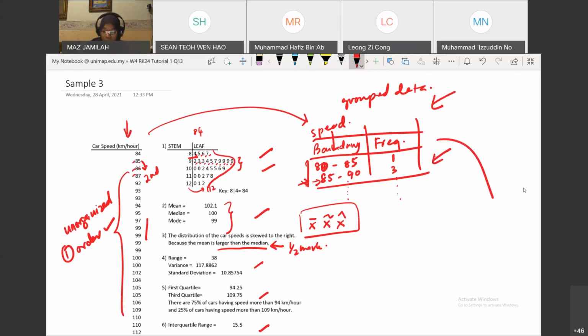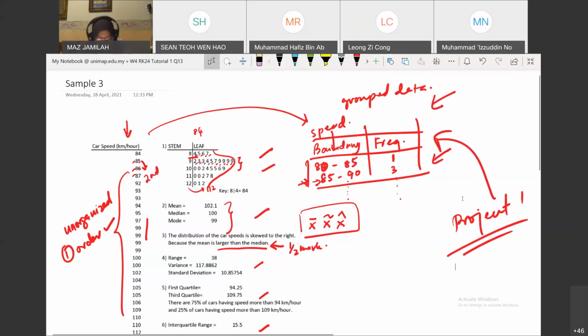Now, your project one is based on this, so you have to think beyond, in terms of how to describe your original data. Any more questions regarding this particular tutorial, question 13?